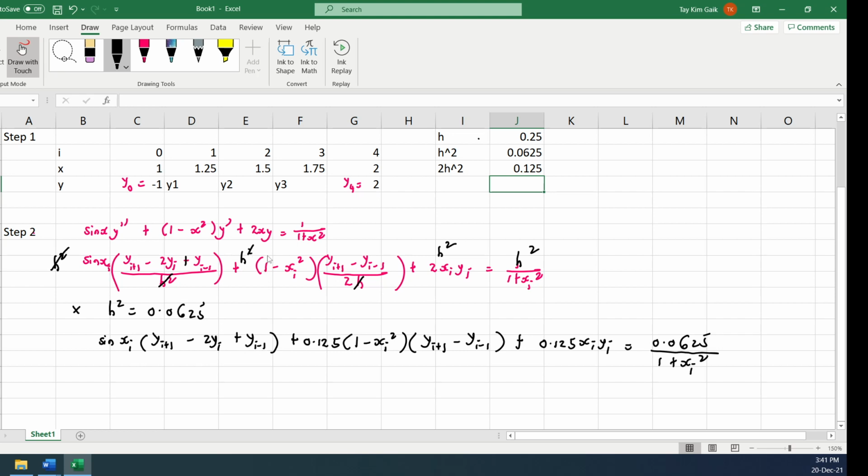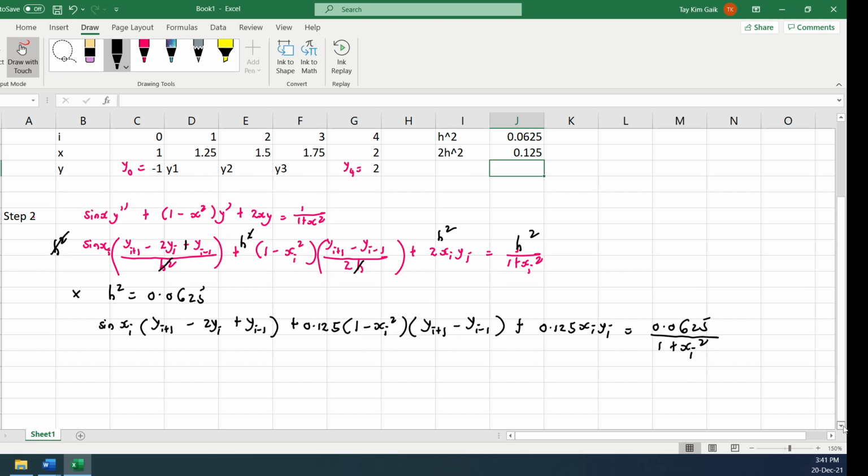Second term, h squared divided by 2h, you are left with h over 2, which is 0.125, multiplied by the first bracket 1 minus xi squared multiplied by (yi plus 1 minus yi minus 1). The third term 2h squared gives 0.125 xi yi. The right hand side has h squared, which is 0.0625 divided by 1 plus xi squared.